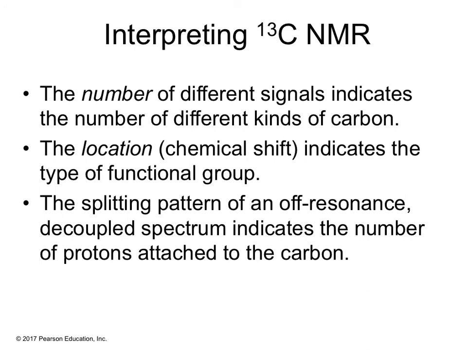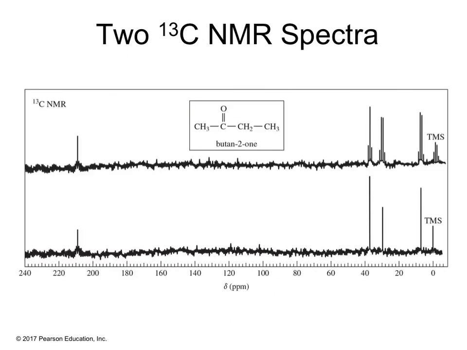The important thing in interpreting NMR is, do you know the number of signals? Can you count how many carbons you have and figure out the chemical shifts in the environment? We don't even worry about the splitting. So here, could you see that you have 1, 2, 3, 4 unique carbons? So you should have 4 peaks. And so here's 1, 2, 3, 4.